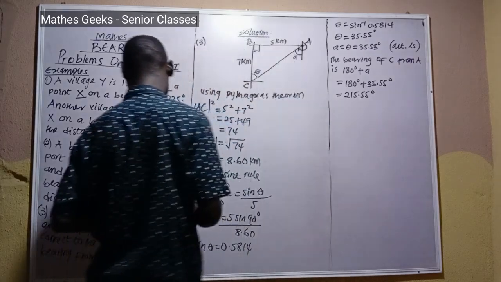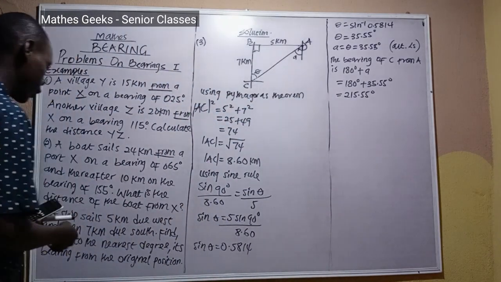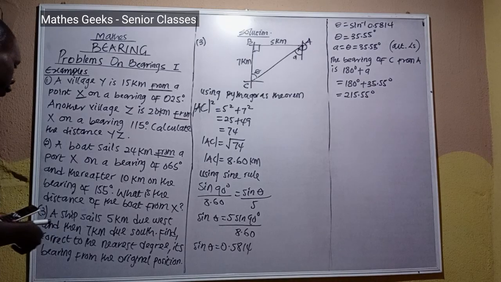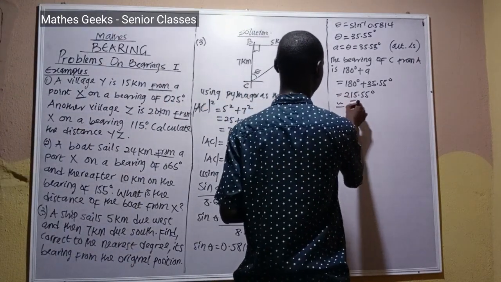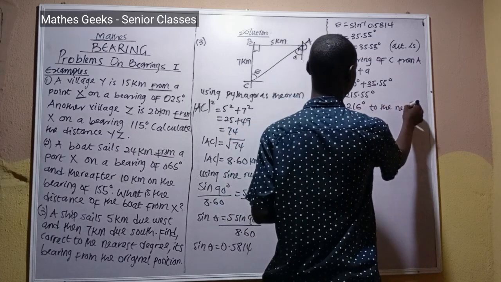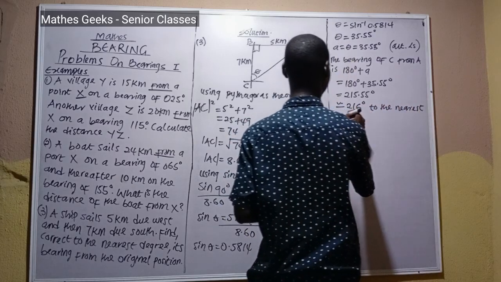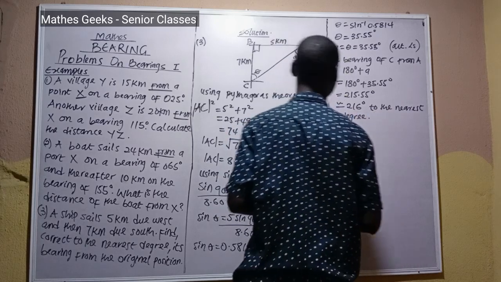But the question says our answer should be correct to the nearest degree, so it is approximately 216 degrees to the nearest degree. That's your answer.